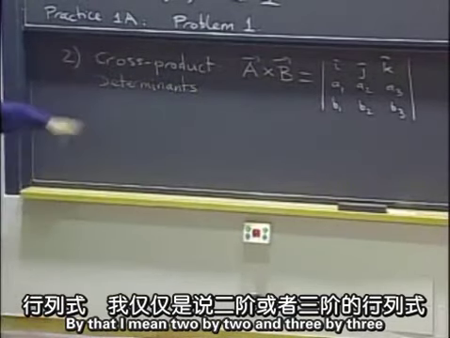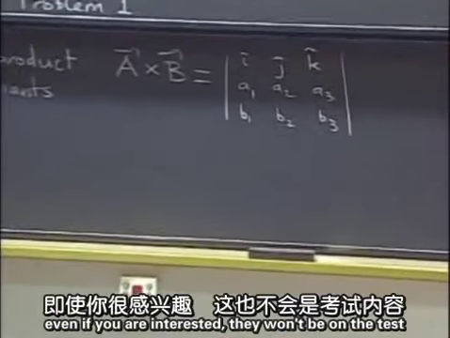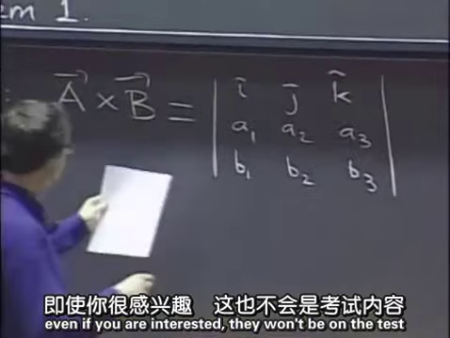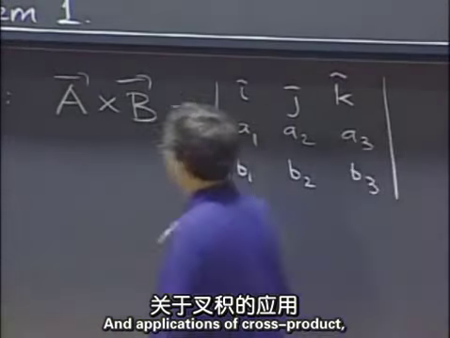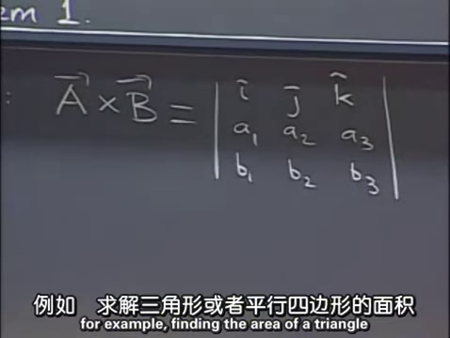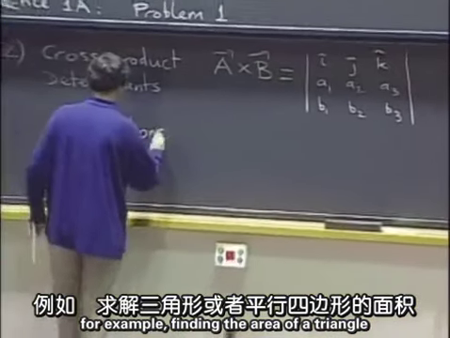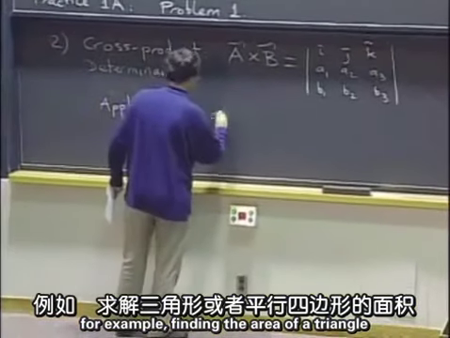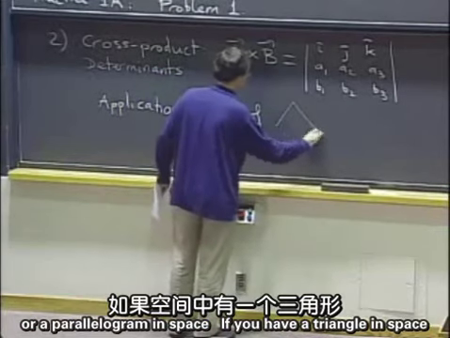By that I mean 2 by 2 and 3 by 3. Don't bother reading on larger ones, even if you're interested. They won't be on the test. And applications of cross product. For example, finding the area of a triangle or a parallelogram in space.